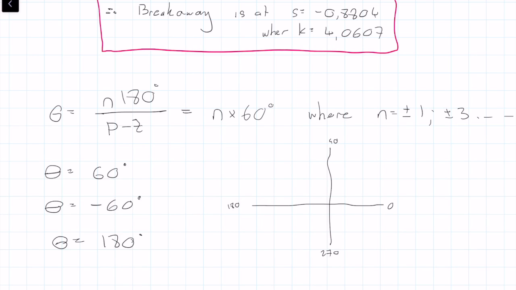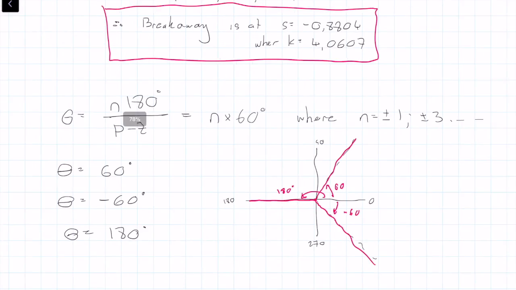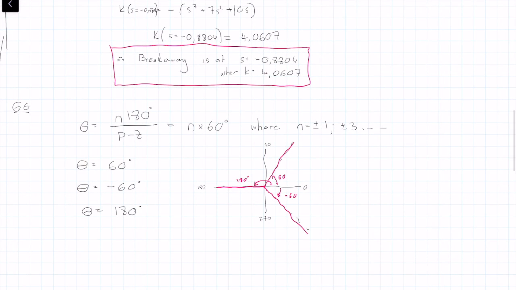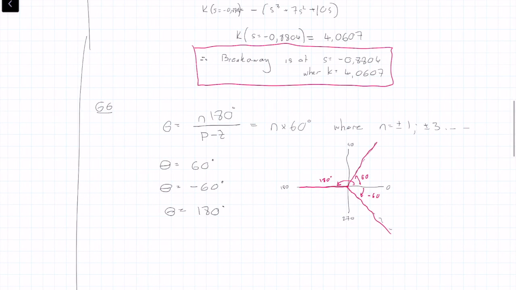So 60, let's say 45, 60 would look something like that, minus 60 would look something like that, and 180 looks along there. So this is 60, minus 60, 180 degrees. Okay, so that's what our asymptotes should look like. Now we just need to find out where the asymptote actually lies.